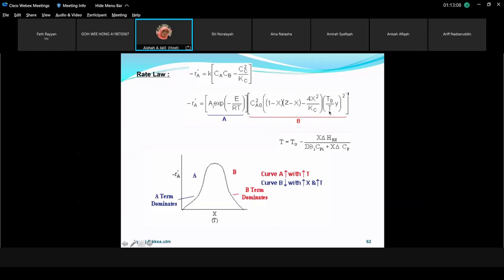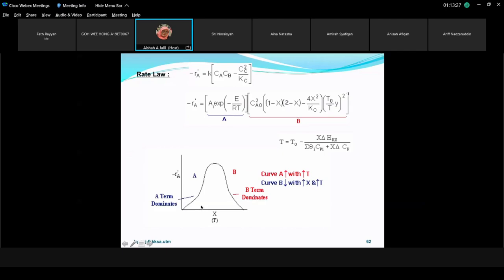So you have to consider the pressure drop and also temperature change, so the T0 and T, and P over P naught also. So you can get this one. This is for the T.